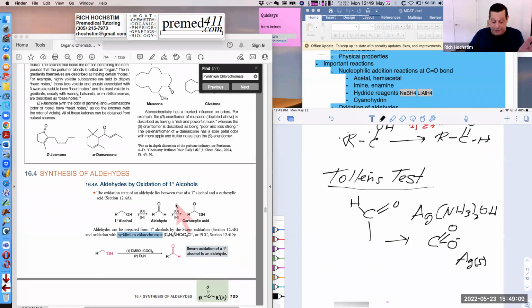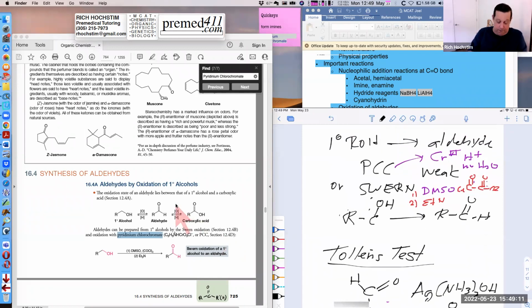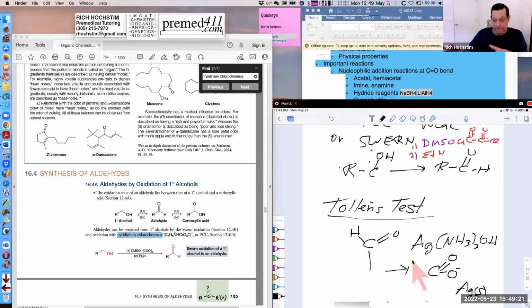So the reactions we saw over here, the reactions of PCC, Jones, and Swern, those are used to do synthesis. Tollens is used to identify an aldehyde. Now, part of the MCAT is realizing that aldehydes and ketones, when part of sugars, are interchangeable. And that will explain the reactivity of Tollens test.